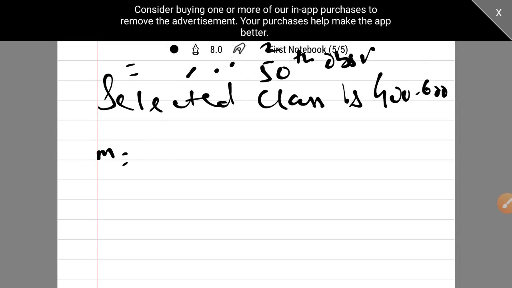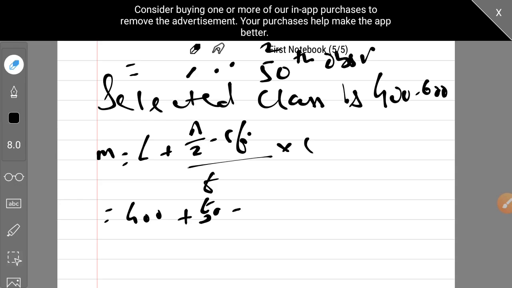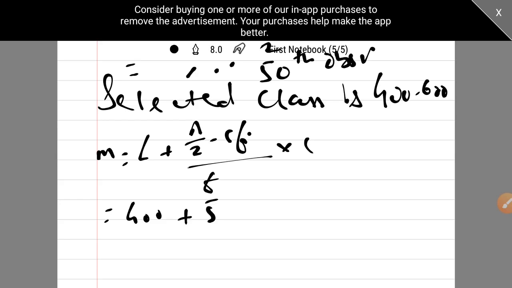Okay, let's find the median. Median is L plus n by 2 minus CFI upon FI into C. L is 400 plus, what is n by 2? n by 2 is 50. So it's 50 minus CFI.